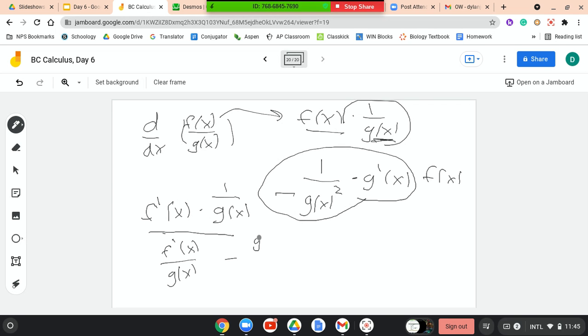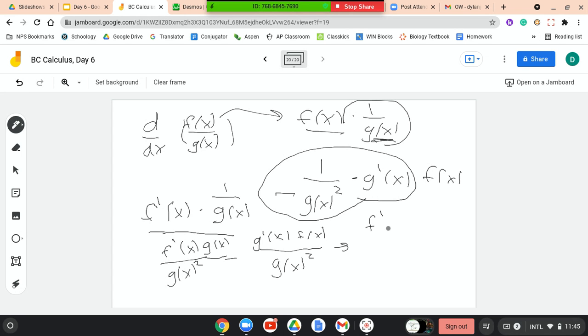So then we get minus g prime of x, f of x, over g of x squared, right? Yeah. And if we want to combine these fractions, we can multiply this fraction by g of x over g of x, because that's just multiplying by 1. So we'll get a g of x on the top and a g of x squared on the bottom, because we're multiplying g of x by g of x on the bottom. Yep. Cool.